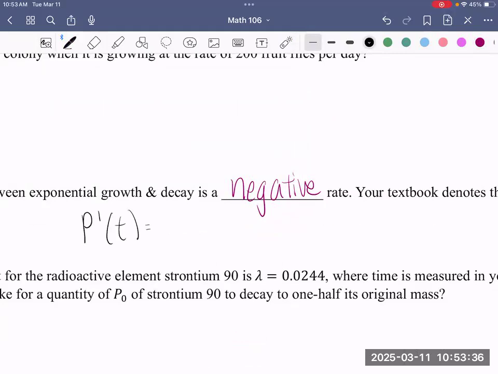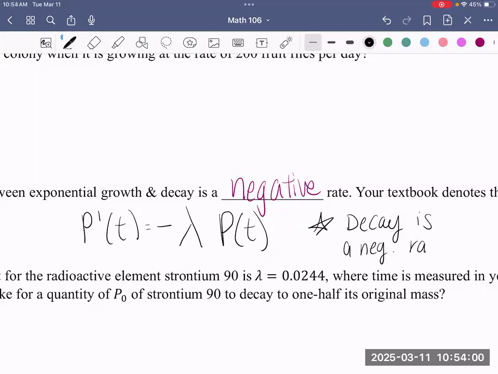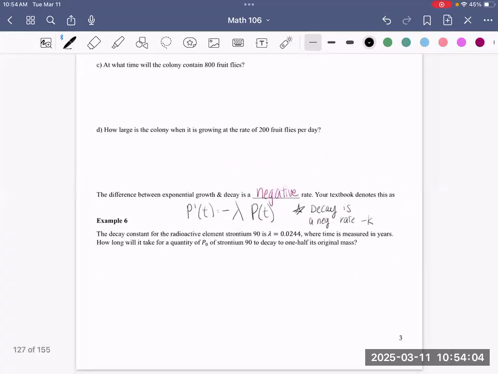But if you are somebody that rereads the textbook or uses that to solve some of your homework problems, just note that this is the negative, let's say that's like lambda or something, P of t. So this just says that decay is a negative k.